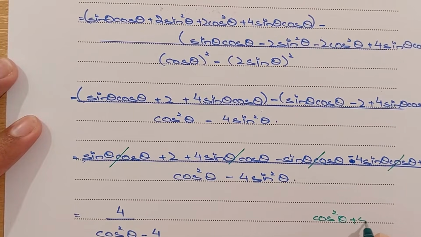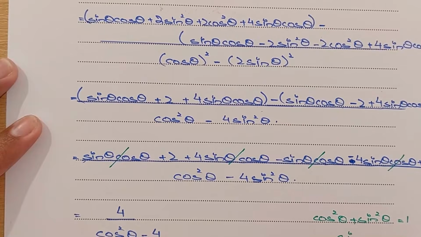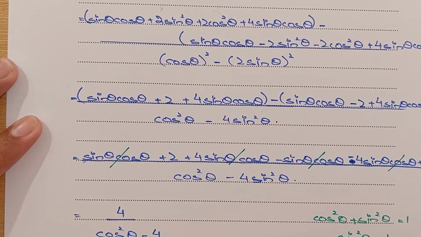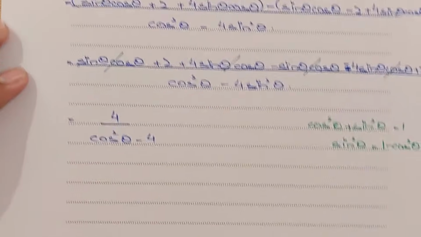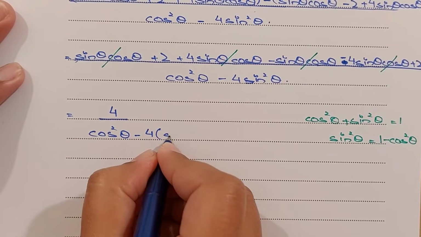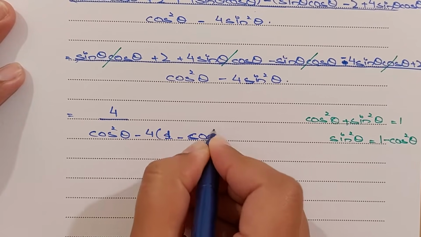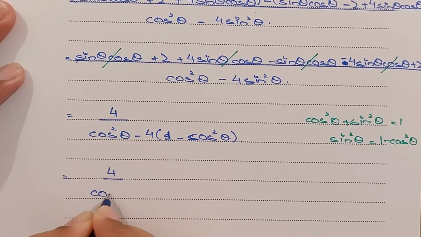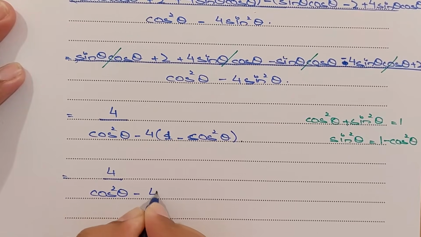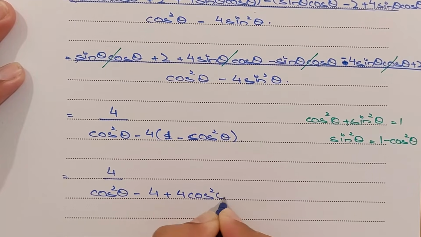This whole is divided by cos square theta minus 4 sin square theta. Let me check: we have cos square theta plus sin square theta equals 1. So what is sin square theta? Sin square theta is 1 minus cos square theta. Right, now let me substitute the sin square theta over here, 1 minus cos square theta. So 4 divided by cos square theta minus 4 plus 4 cos square theta.